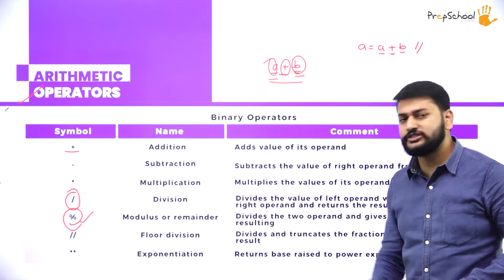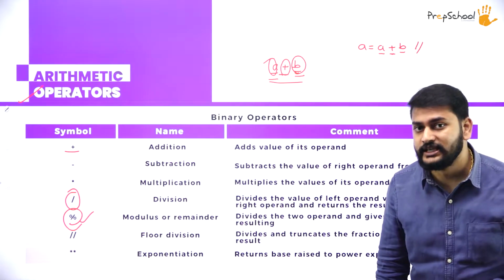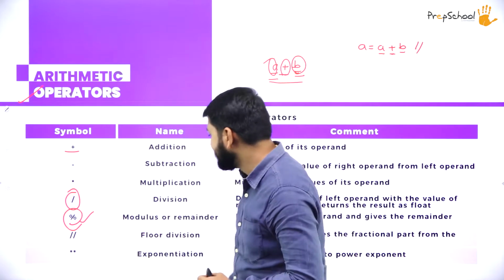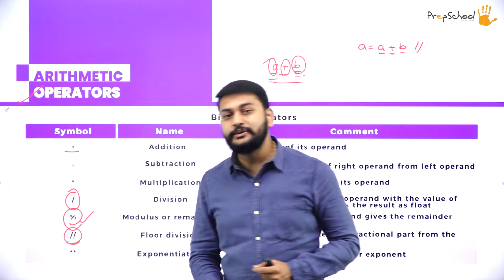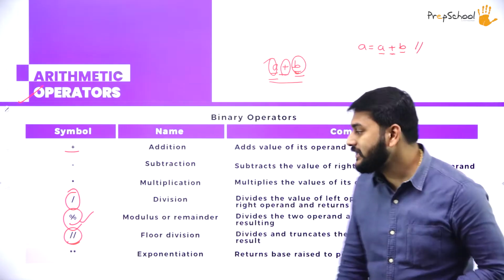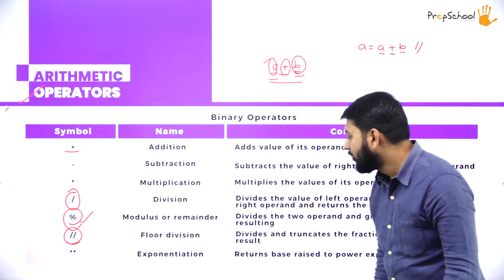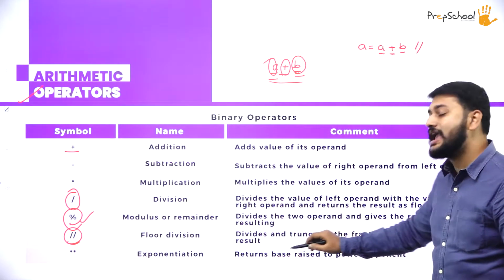Why do I have this? What is the speciality of this? If I want to use this, what is the benefit that I have? Suppose I perform any division operation. Listen here. It divides and truncates.